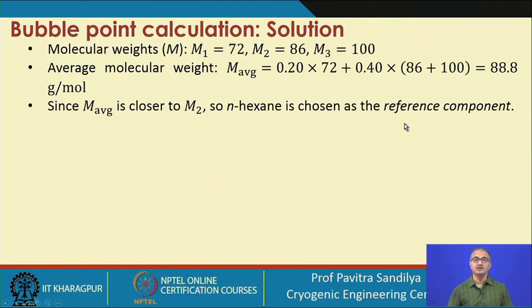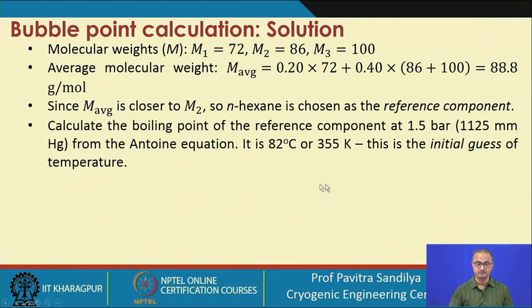This is the way we choose the reference component in a given mixture, by looking at the average molecular weight of the mixture. Once we have chosen the reference component, we find the boiling point of the reference component as the first guess for the bubble point temperature.